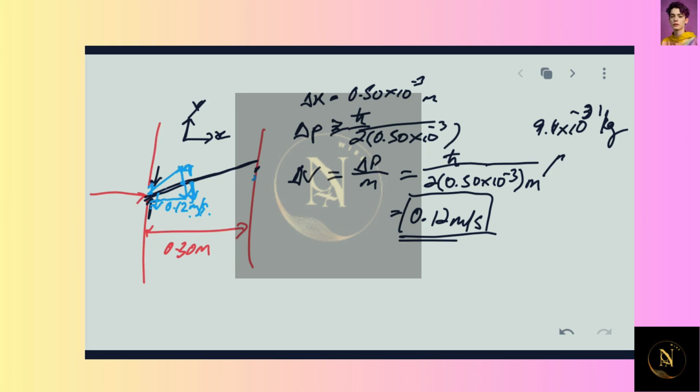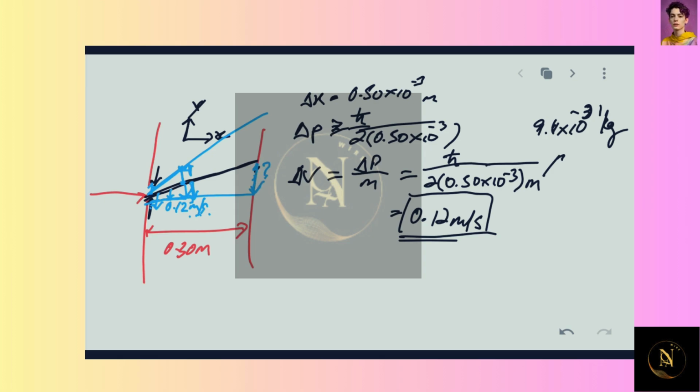So in the same idea, when we travel further towards the screen, there is this uncertainty in the velocity. So in the worst case scenario, if we have a particle that is traveling with an extra velocity downwards of 0.12, we want to find what is the position it will reach.